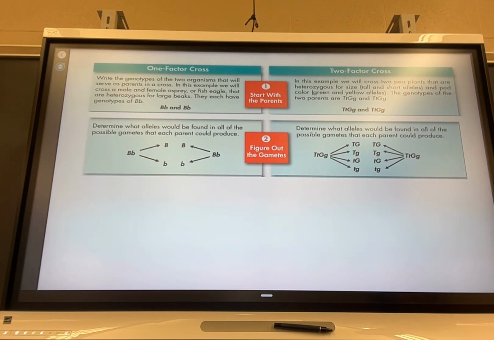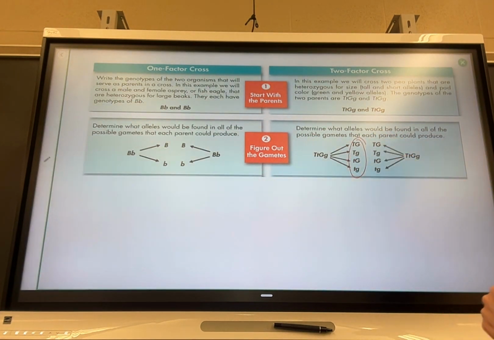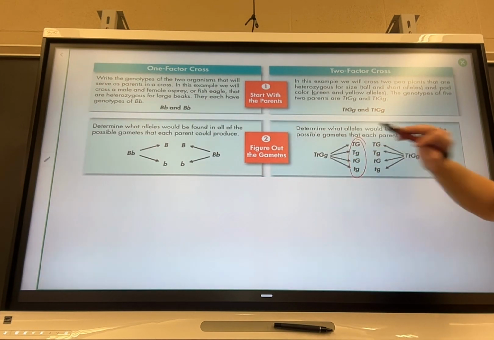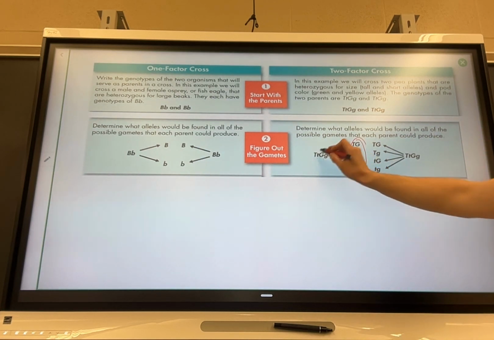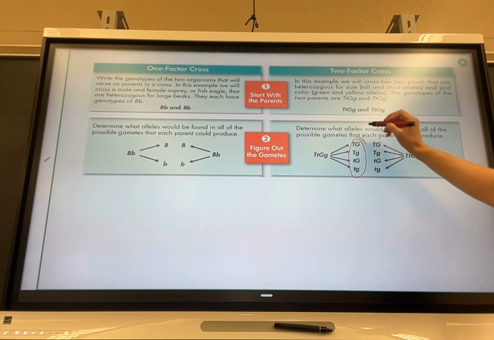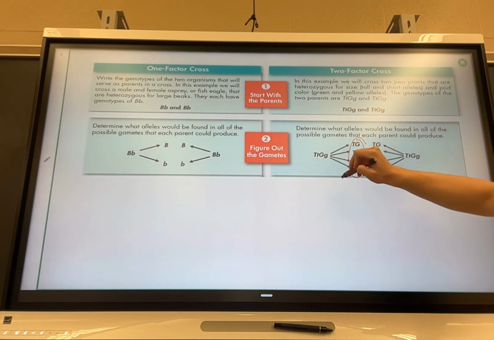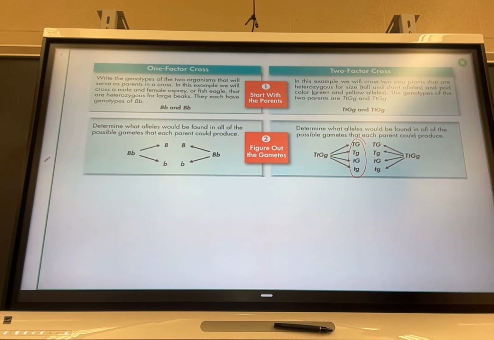So of our 4 gametes that we could produce, if we have a big T, little t, and a big G, little g, the big T and big G go together, big T, little g go together, little t, big G go together, and little t, little g go together. So we have 4 different options that we could produce.